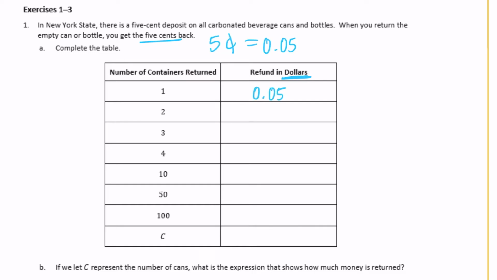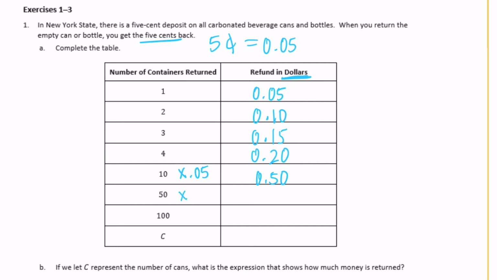If we return 2 cans, that would be 5 cents times 2, which would be 10 cents. And we can just keep adding 5/100ths until once we get to 4, the next one is 10. So we need to multiply that by 5/100ths, which would give us 50 cents.